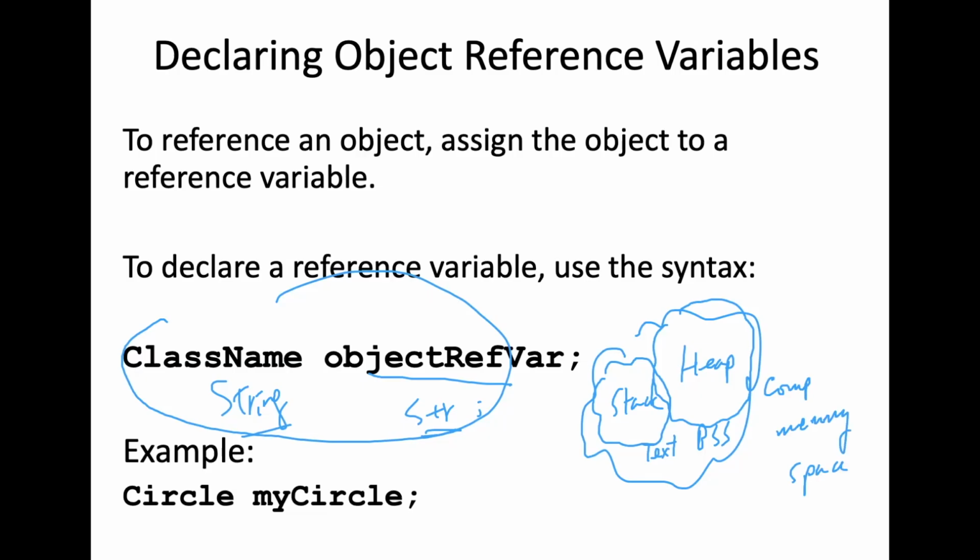What happens when you declare a class variable? It turns out that this str sits in the stack. This stack is also used for storing primitive data types like integers, chars, doubles, etc., including reference variables. Just to give you a little more information, this stack memory is managed in a last in, first out, LIFO, order.